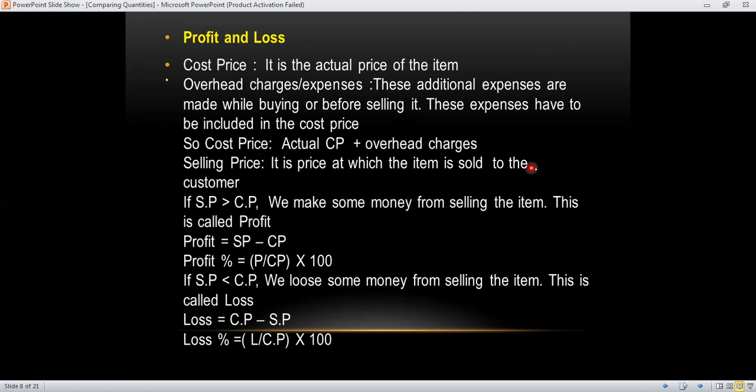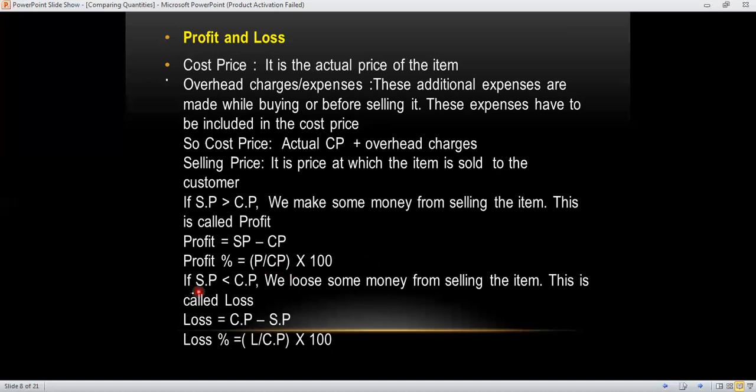Selling price is the price at which the item is sold to the customer. If SP, meaning selling price, is greater than CP, we make some money from selling the item. This is called profit. Profit is equal to SP minus CP. Profit percentage is P upon CP into 100.